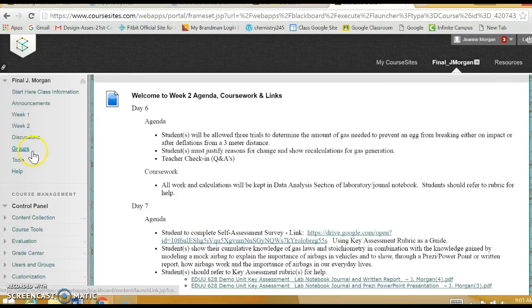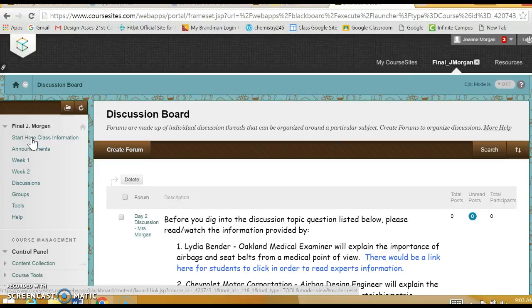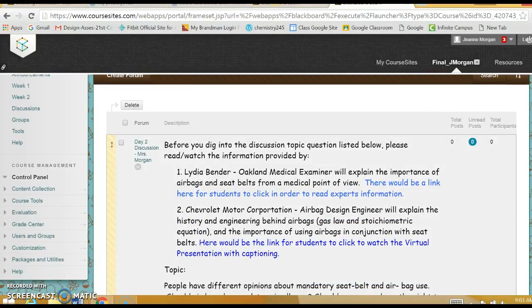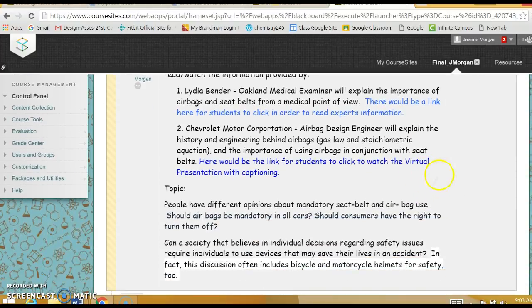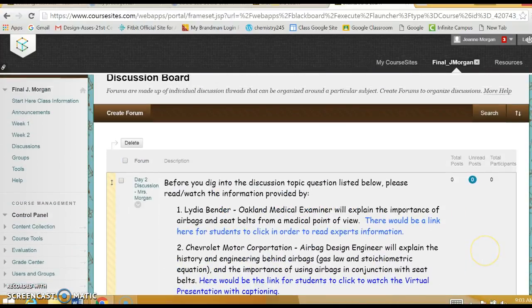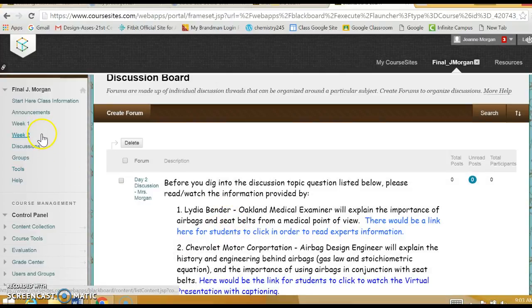Also over here in the discussion, which was on day 2, you can see what the discussion is about. And so they need to watch the information, make sure they've gone through this information before, reiterated what they need to do before they climb into that discussion. And then also the rubric is posted for them in the class information area.